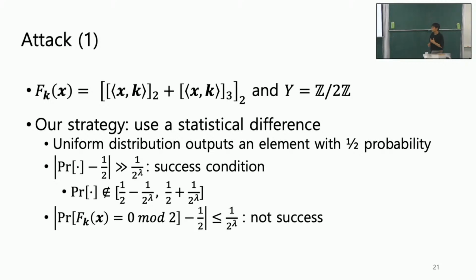Since we have exponentially many samples, when you can find such an event dot, then we can distinguish two joint distributions. In other words, we want to find an event dot which is not contained in these intervals. Unfortunately, for the basic event fk of x is 0 in modulo 2, the difference is smaller than 1/2 to the lambda, so in this case, we cannot distinguish two joint distributions.